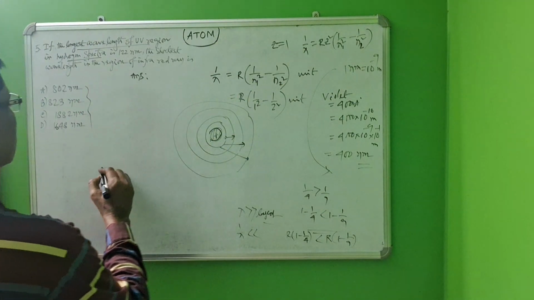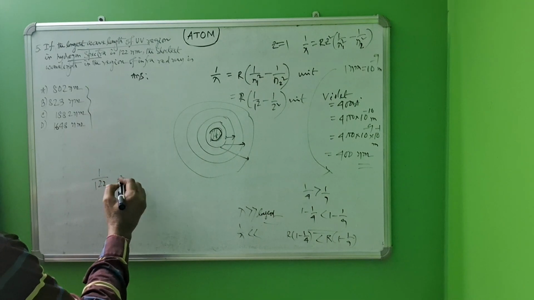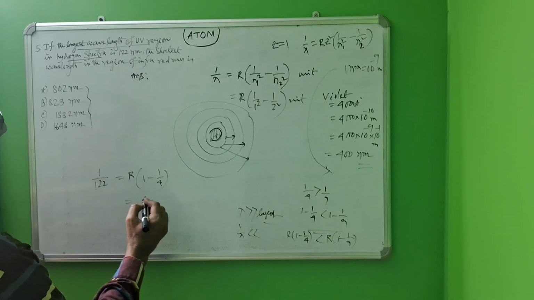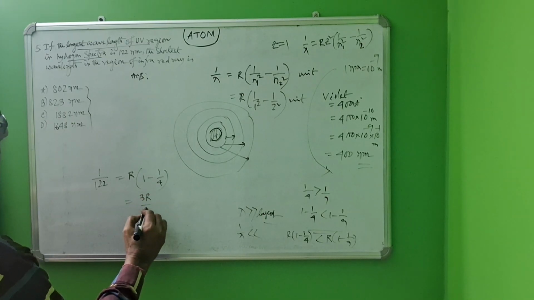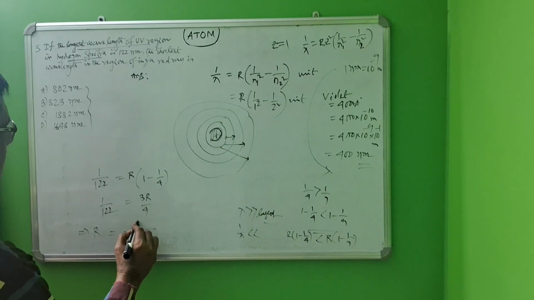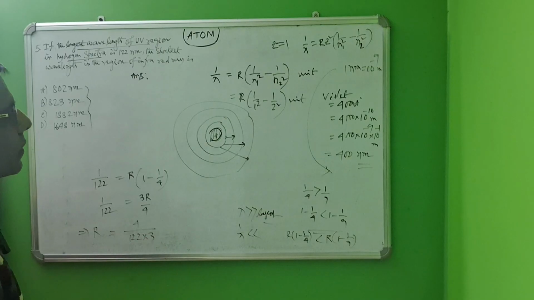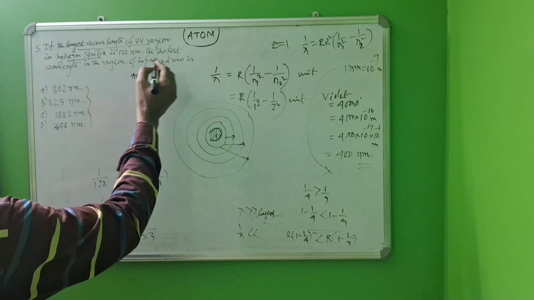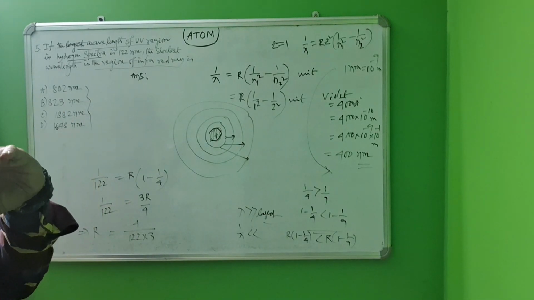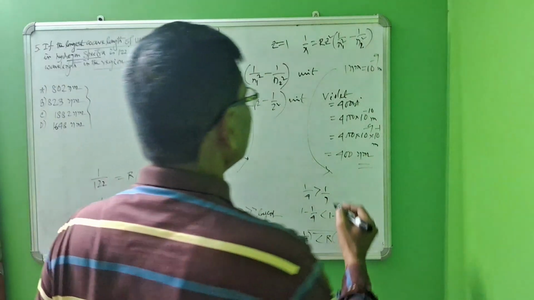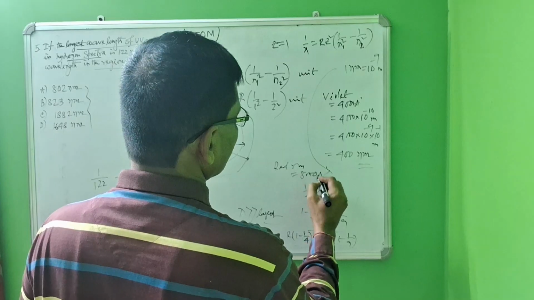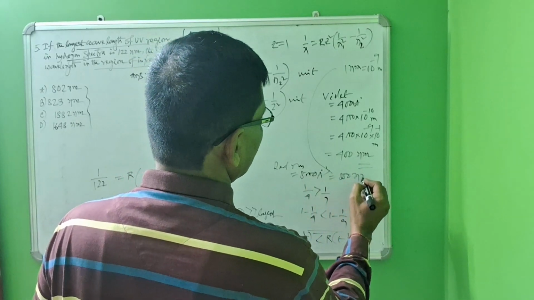here we obtain 1 by 122 nanometer equals r times 1 minus 1 by 4 equals 3r by 4. So 1 by 122 implies r equals 4 by 122 into 3. Now for infrared rays, the shortest wavelength for infrared ray, we know the wavelength for red ray equals 8000 angstrom, which is equal to 800 nanometer.